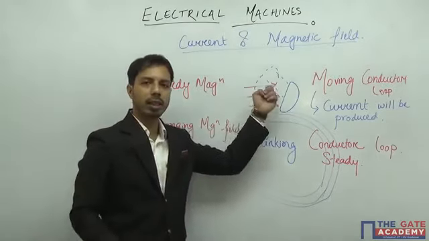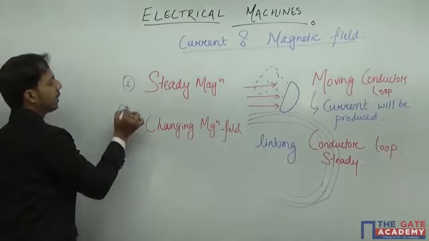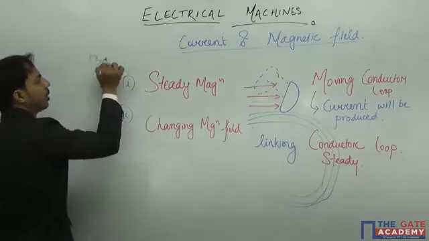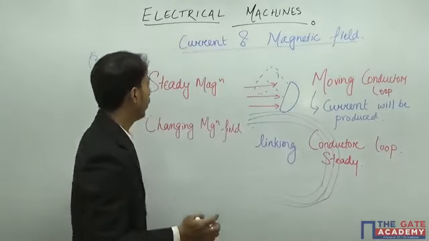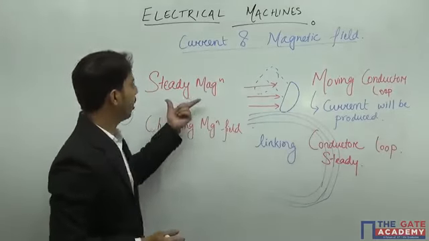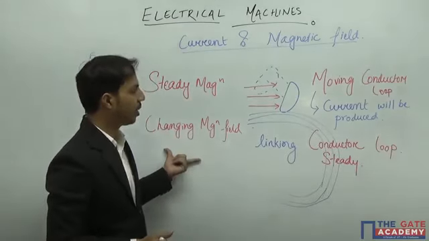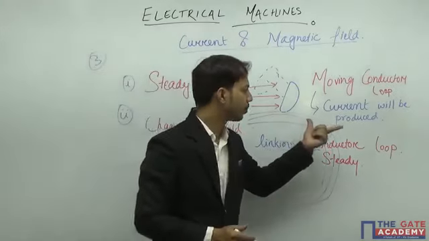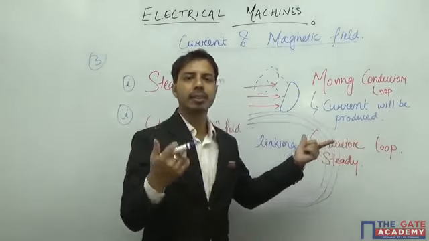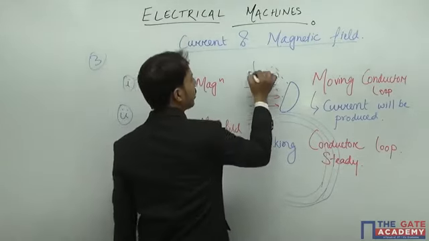Here you see, this is the first case, and this is the second case of the third relationship. We are discussing the third relationship, where I may have a steady magnetic field or a changing magnetic field. If I have a steady magnetic field, I can also produce current, but the condition is there should be flux cutting action.